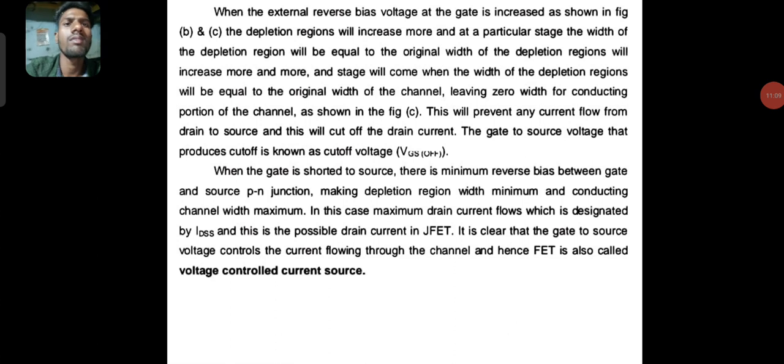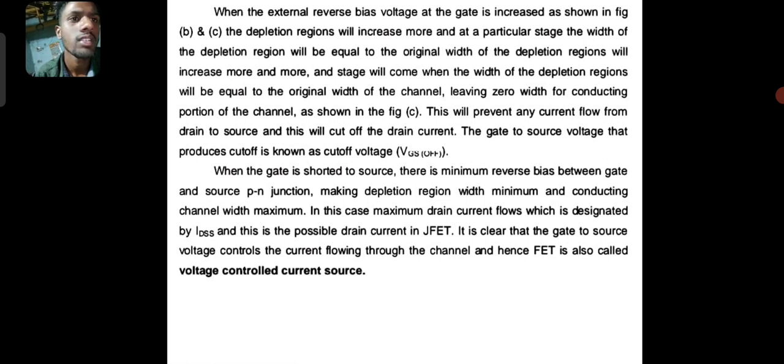When the external reverse bias voltage at the gate is increased, as shown in figures B and C, the depletion region increases more, and at a particular stage the width of the depletion region will be equal to the original width of the channel, leaving zero width of the conducting portion of the channel.